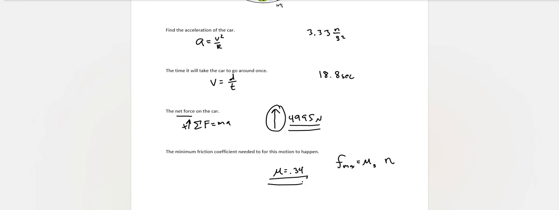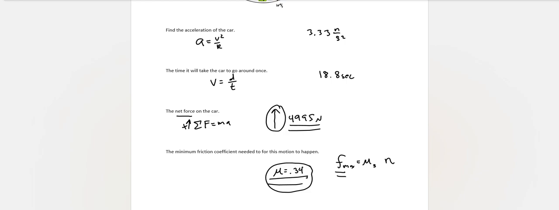Now, what does this mean and what does it not mean? It does not mean that the actual frictional coefficient between the tire and the road is 0.34. It means that in order to get this frictional force, we need a frictional coefficient of at least this much.